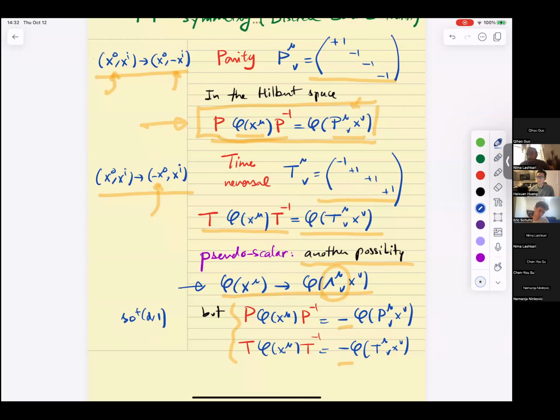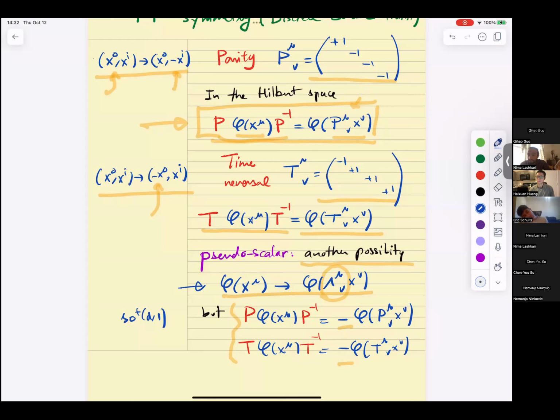But the part of the Lorentz group that takes you from one connected piece to another connected piece, these are P and T symmetries. For those, you could pick up a minus sign if you choose to. A field that picks up no minus signs under P and T is called a scalar. If it does pick up a minus sign, it's called a pseudo-scalar. It's a possibility because the Lorentz group is not connected. Is that clear?